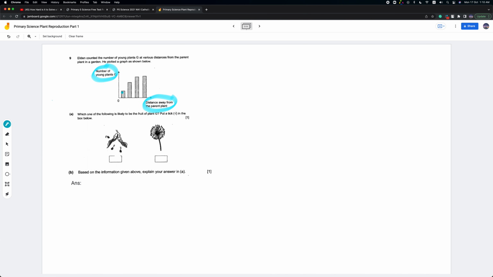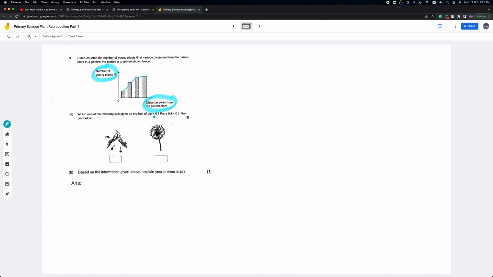And we can see here, you read the graph: as the distance away from the parent plant increases, the number of young plants increases. So what I did was I just answered a relationship question. If we see the relationship question later on in other videos, we will go through it in more detail.